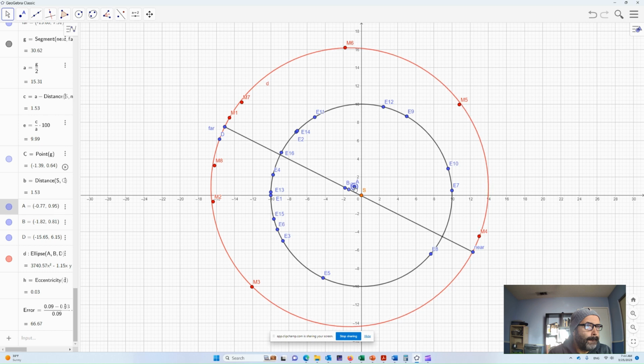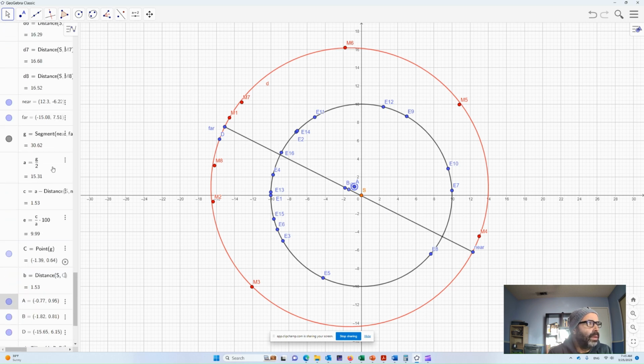I'm getting a very close value from the circle. Okay, let me see in here the measurements that I have for the near and the far, and I think the error there is a lot better.